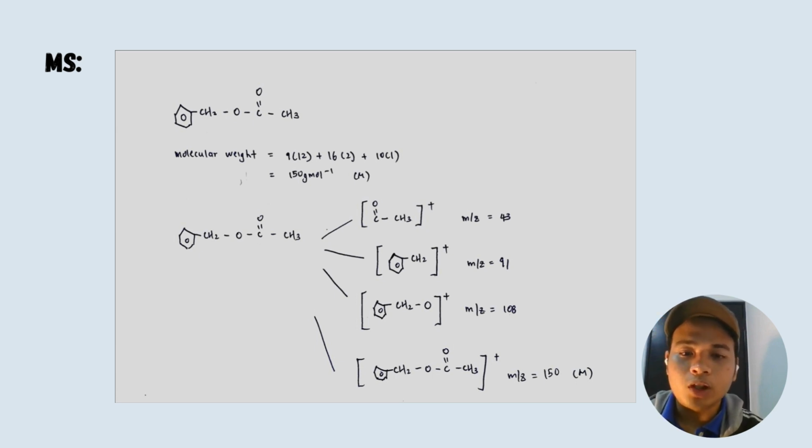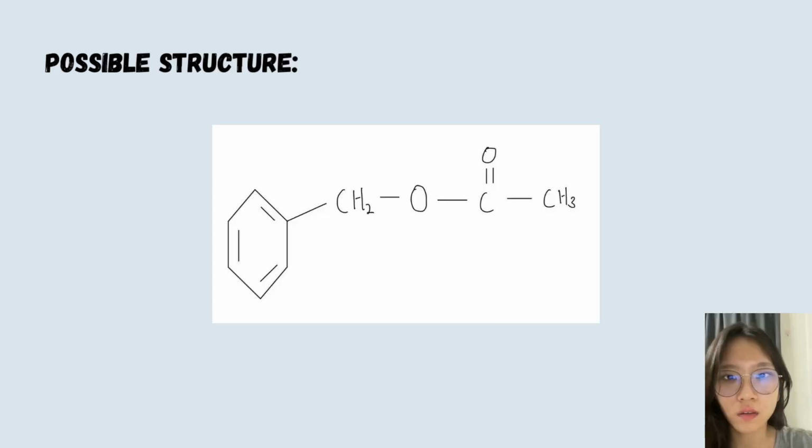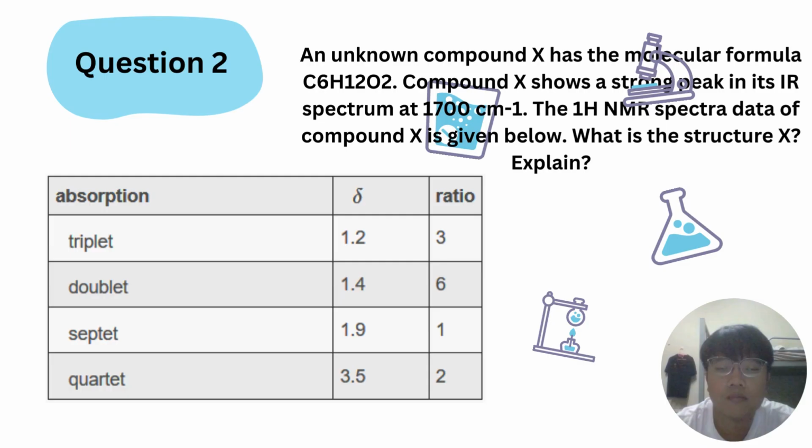Benzene bonded with CH2 bonded with O has an m/z value of 108. And lastly, the overall compound will have an m/z value of 150. The possible structure of the compound C9H10O2 is as shown above.